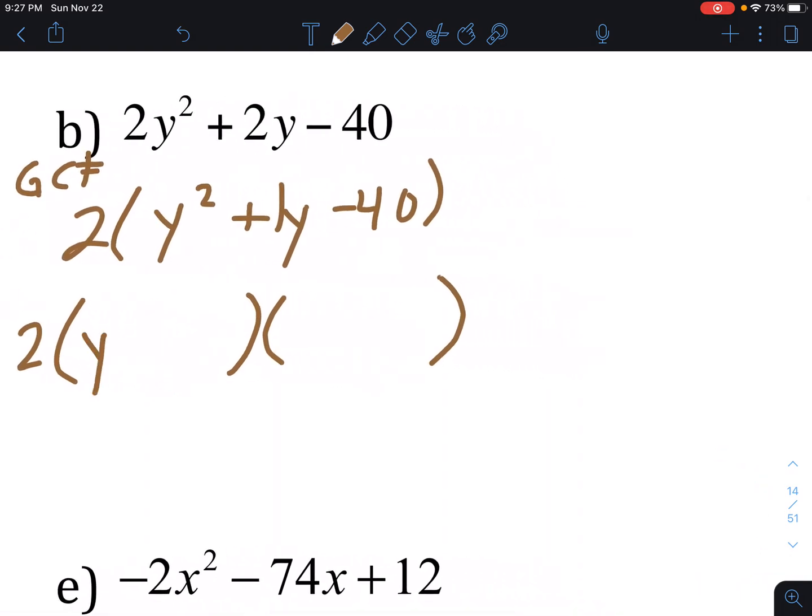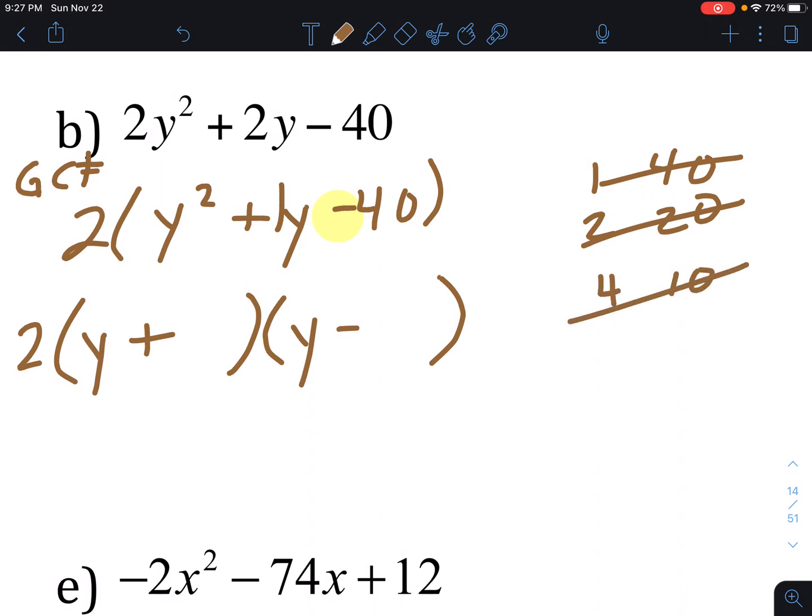What are the signs? Look at the C. The C is a minus, so it's got to be a plus minus. I need 2 numbers that multiply to 40 and subtract to get 1. 1, 40, no. 2, 20, no. 3, 4, 10, no. 5, 8, no. Nope, hold on.